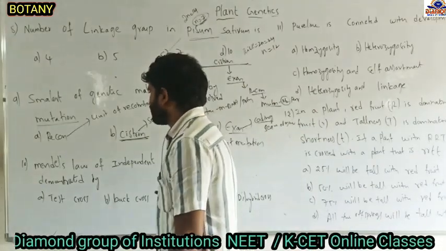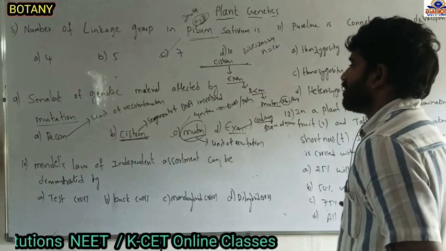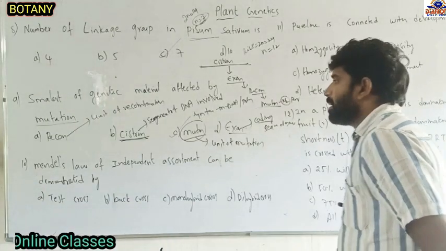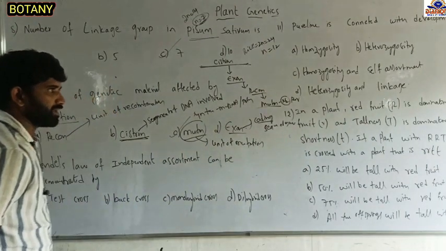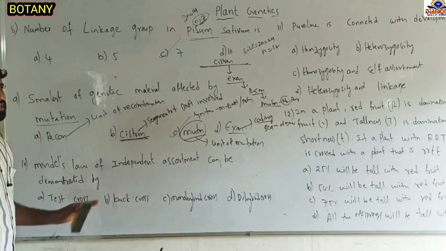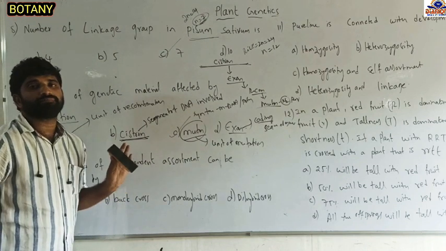Question number 10: Mendel's law of independent assortment can be demonstrated by. Mendel proposed the law of dominance, law of segregation, and law of independent assortment.